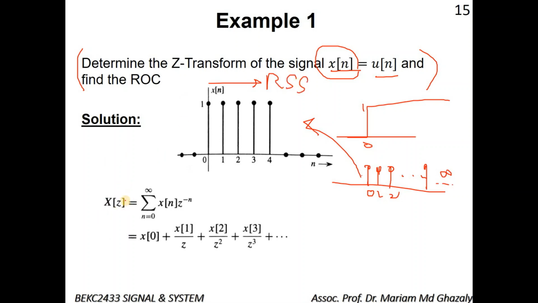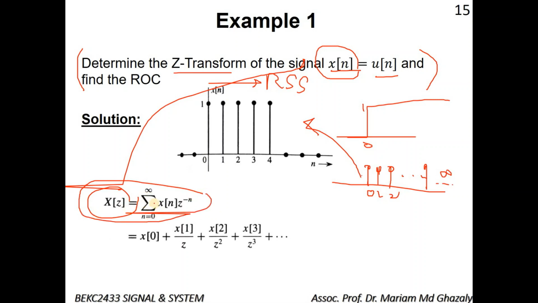Okay, so we start with getting the solution first: determine the Z transform. What you need to do is get X(z) for this x[n] signal. According to the formula, X(z) equals the summation of x[n] z^(-n). In this case we are going to use the polynomial form just now.